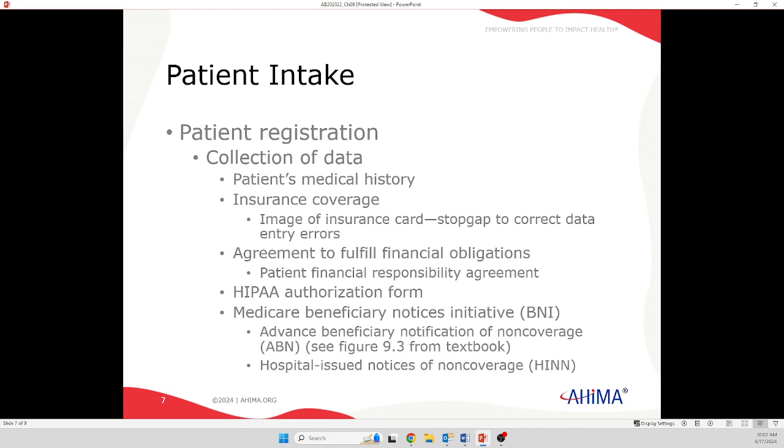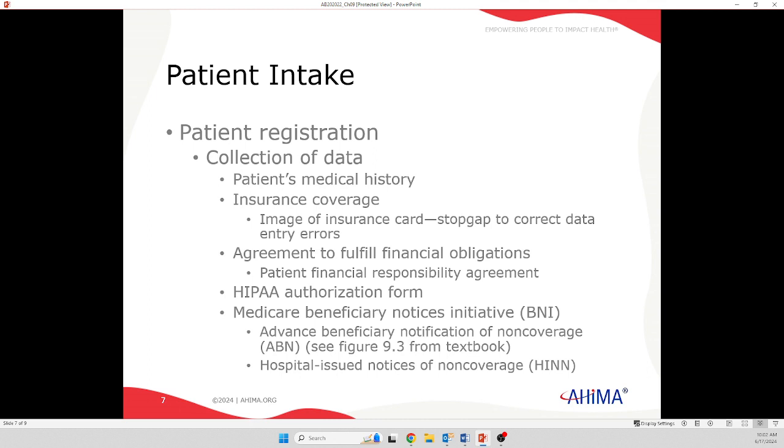Some facilities will actually ask you to either go ahead and make a partial payment on that, or to make a full payment on that before the service will be provided. But that's the agreement between the patient and the provider, so the patient understands that the patient is responsible for the cost of care not covered by their insurance. And sometimes it may just simply include your co-insurance and your deductible, if you still have that.